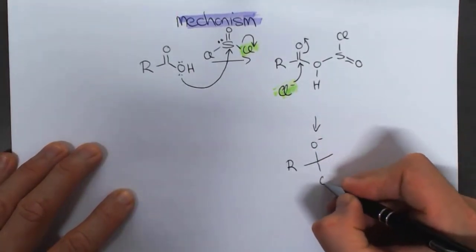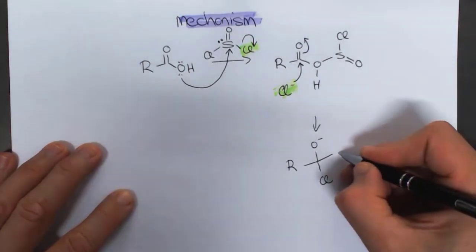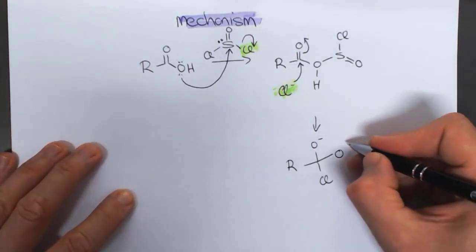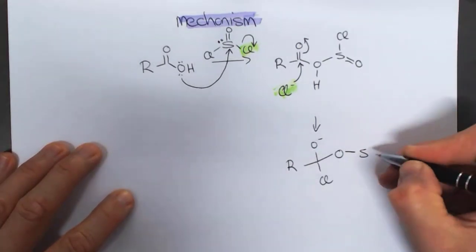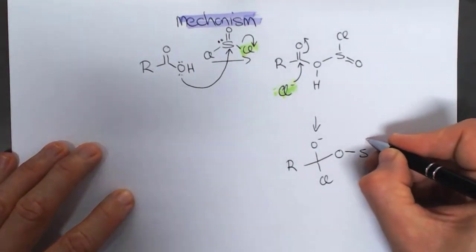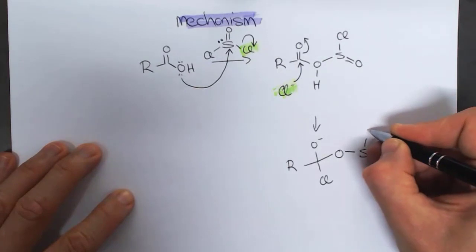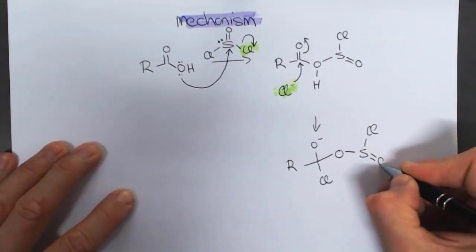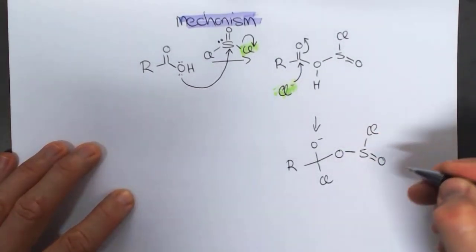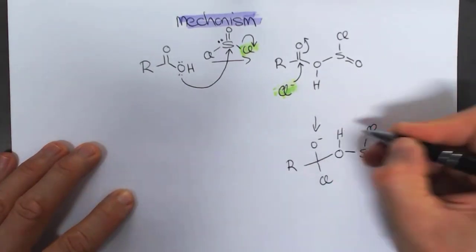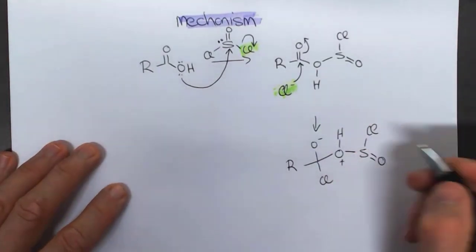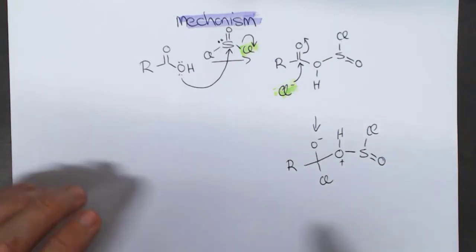We've got the chlorine that we added, the oxygen, the sulfur. I'm going to put the chlorine over here, and I'm going to switch this H around just to show you the movement of electrons.